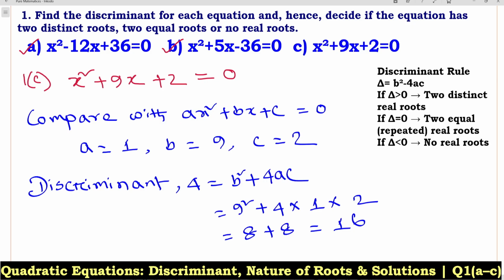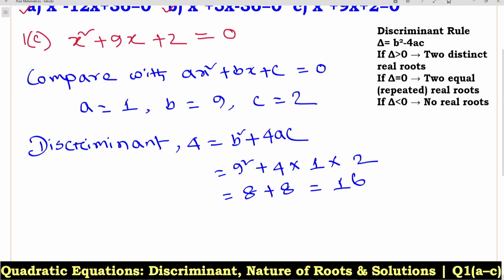So we can say this one is greater than 0. So what is the fact if it is greater than 0? Here we get the value. Since delta, if anybody wants, can be used as D, right? So delta is greater than 0. What does it mean?